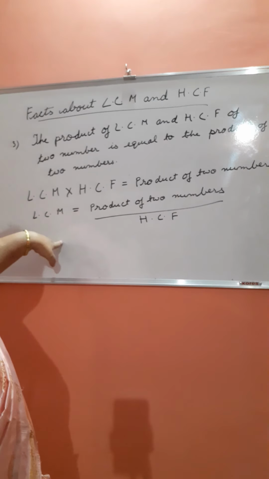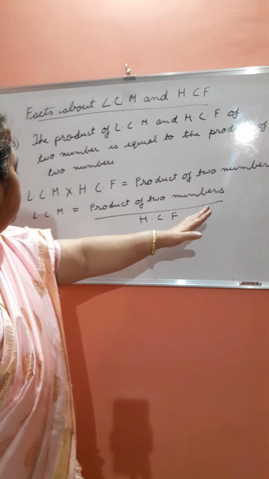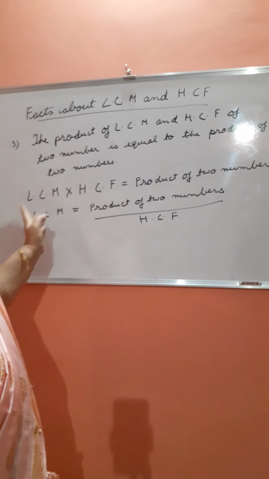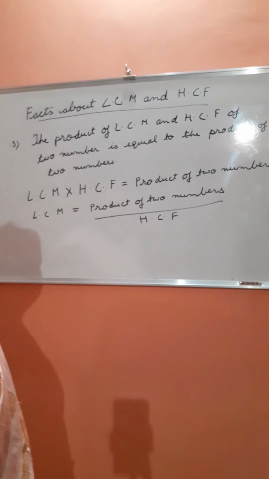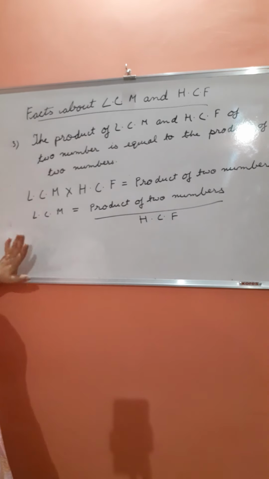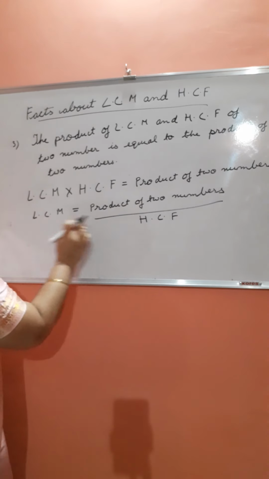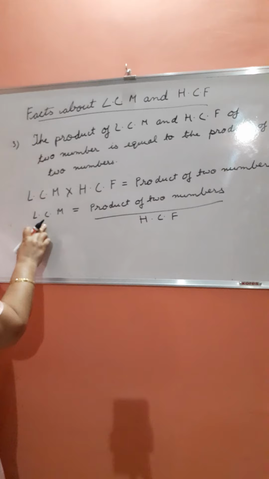If here is plus, it will come to the right side, then it will be minus. If here is minus, if it comes to the right side, then it will be plus. So the sign will change. Okay. These things I have taught you earlier. And if you have to find out the HCF, then LCM will be here, HCF will be here.